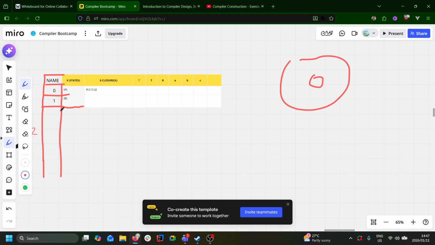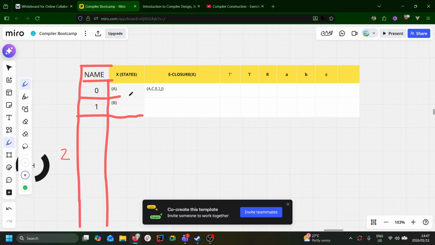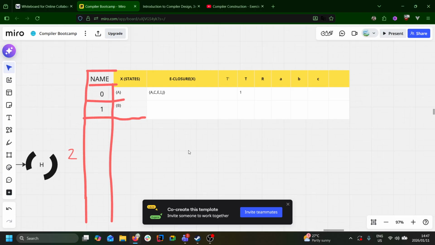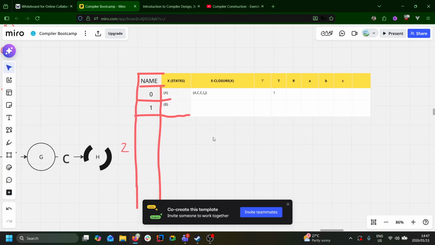So in our case, we said where can we go with the transition of T, and it took us to B. And so instead of writing B, we're going to just write 1, and we'll know what that refers to. So that's the convention.